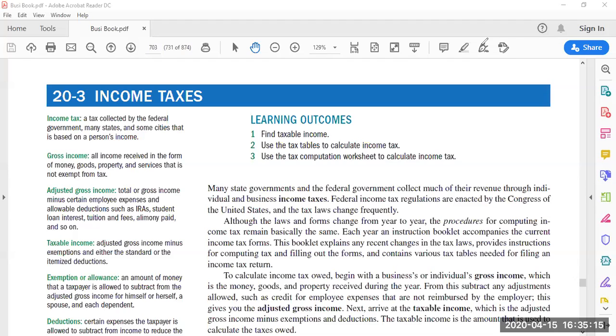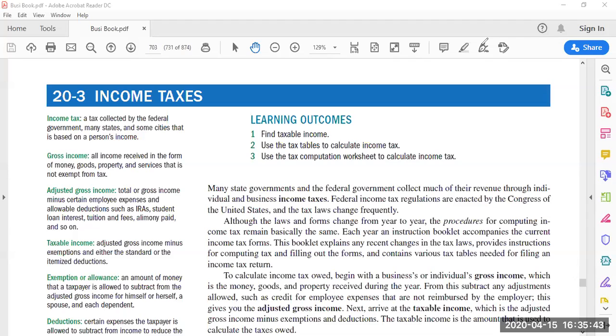So your adjusted gross income minus certain types of deductions that are claimable and provided by the government for you to do. And then once you take that adjusted gross income and subtract from it certain exemptions that you're given for those people who are dependents, that you could claim as dependents.